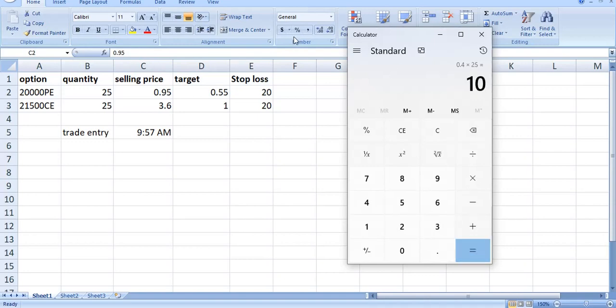So as you can see it is only 10, but we are not trading in a large number of lots, so it's okay, we are just paper trading. So 10 profit from here.